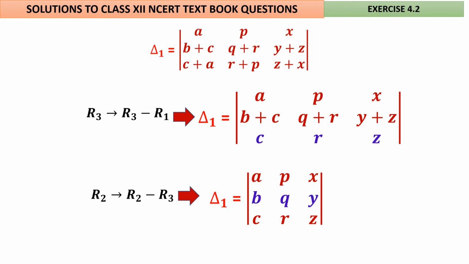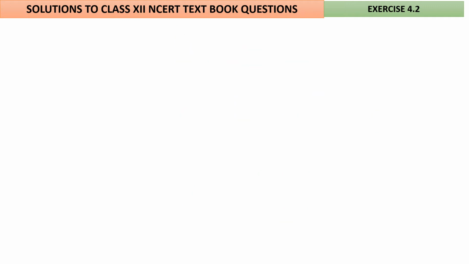Therefore, you are getting B plus C minus C, Q plus R minus R, Y plus Z minus Z. I got that first determinant now.